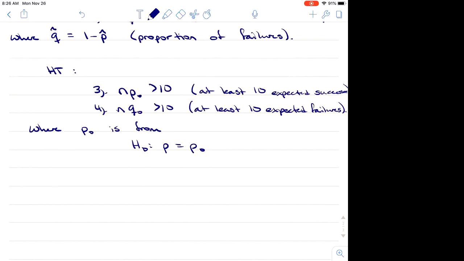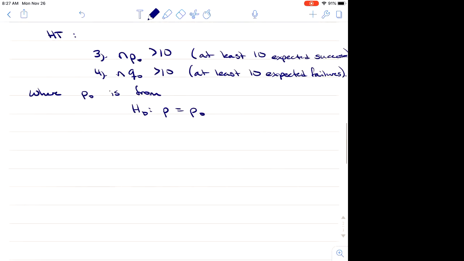Okay. Before we do an example, what's fun about proportions is that we can figure out what sample size we need in order to satisfy certain criteria. So this is new.